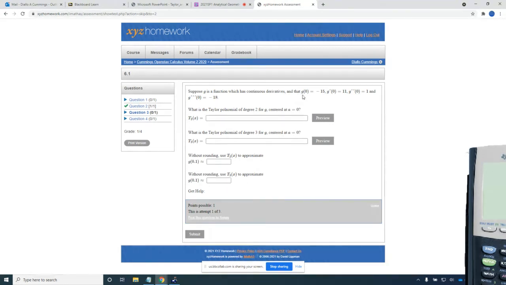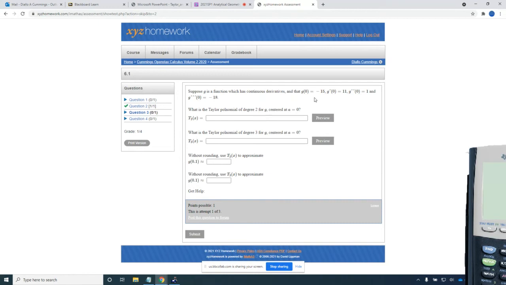So let's write down all the given information. We have g of 0 is equal to negative 15. G prime of 0 is equal to 11. G double prime of 0 is equal to 1. And g triple prime of 0 is negative 18.